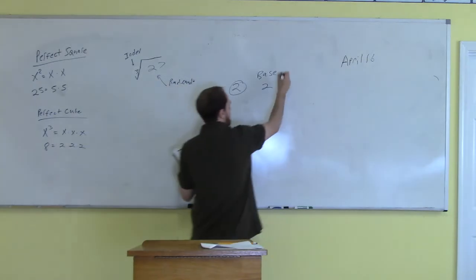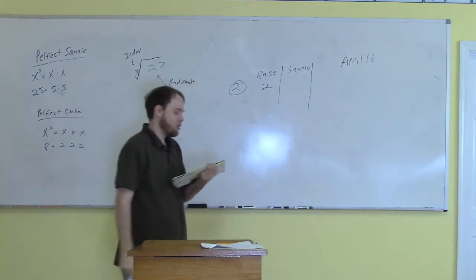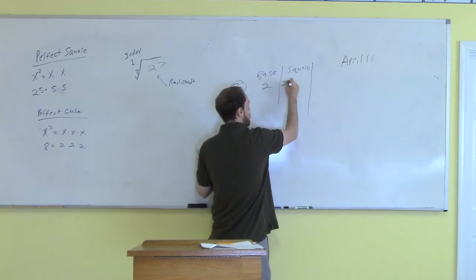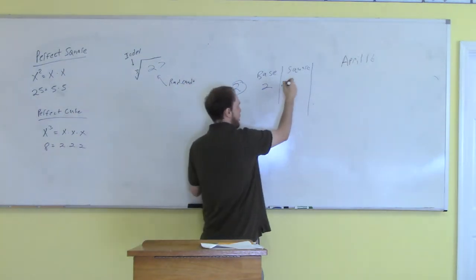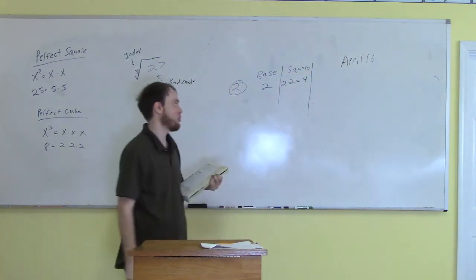And so to find the square, you just do it times itself twice. So for the square, it would be 2 times 2, which would be 2 squared, and that would equal 4. The 2 squared would be 4.